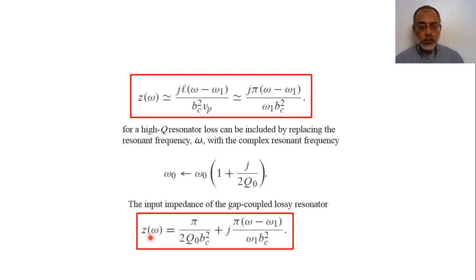So this is the input impedance of the coupled resonator in this case, or the input impedance from the feeding transmission line coupled to the resonator. We have a real part and an imaginary part. And it should be noted here that this input impedance is normalized with respect to Z0. So this is the normalized R, and this is the normalized jX.